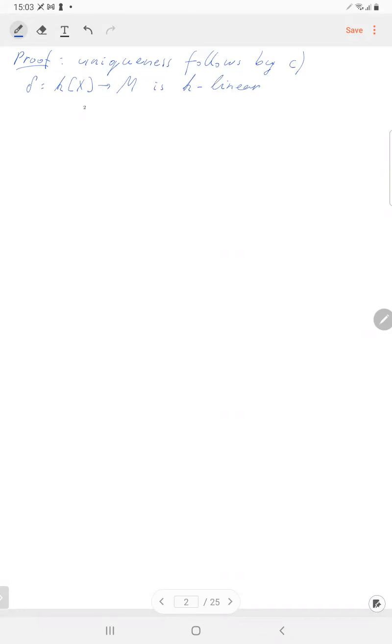And now we extend it to a morphism nabla from the functions on the square, just by k(x)-linearity in the second variable.